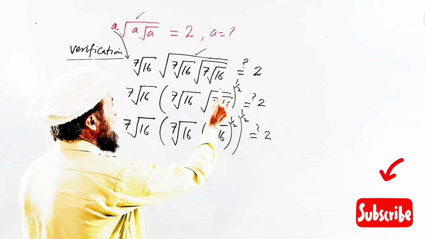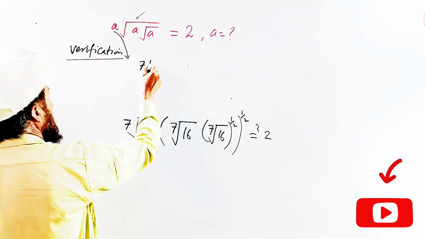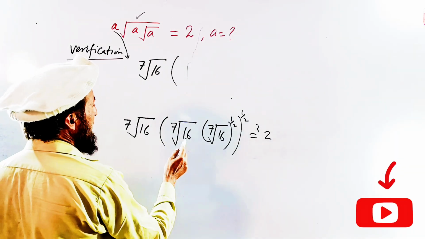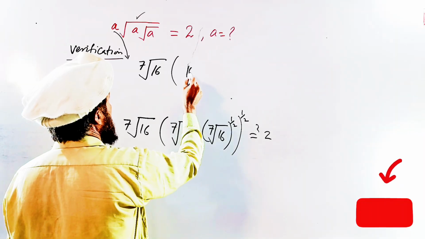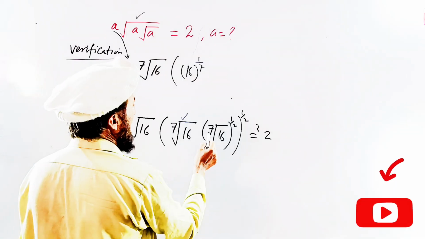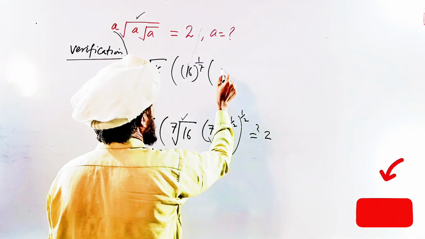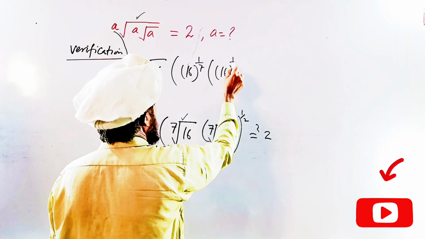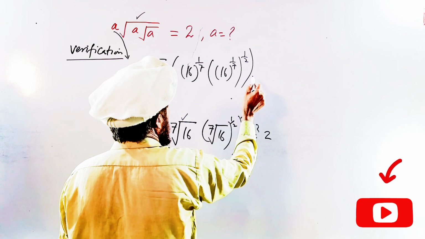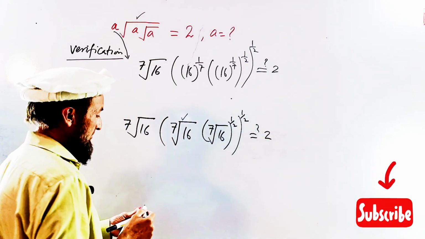Now we change this one, 1 by 2, and in place of the square root it is 1 by 2 of 16 and 2. Also we change this one: we can write 16 to the 1 by 7 as a whole 1 by 2 is equal to 2 is the question mark.